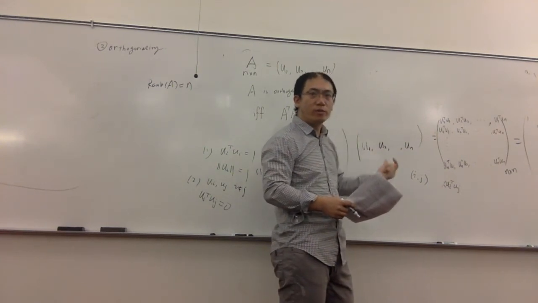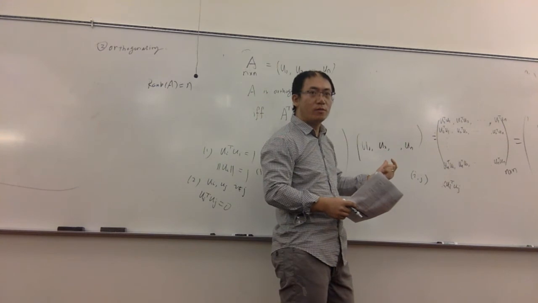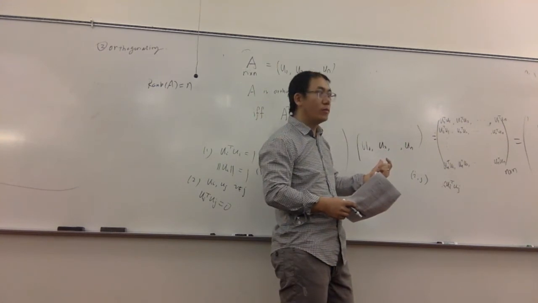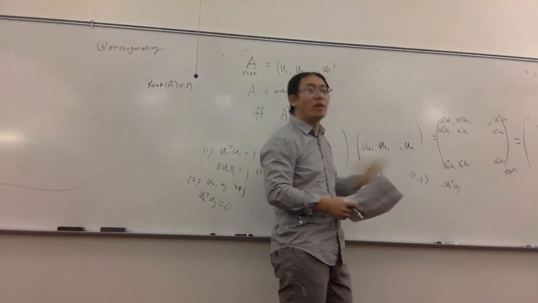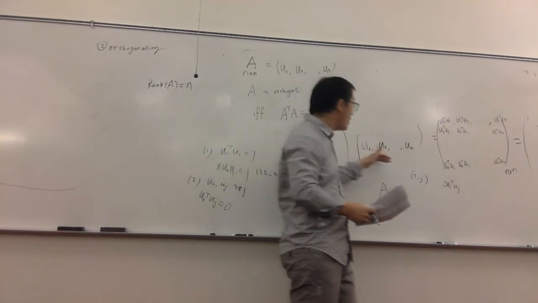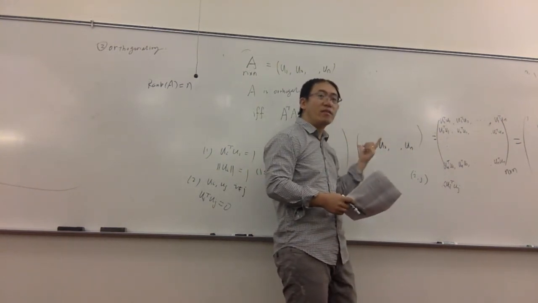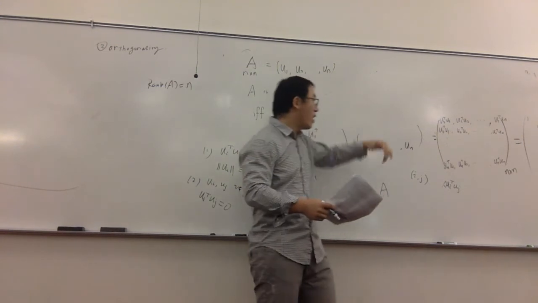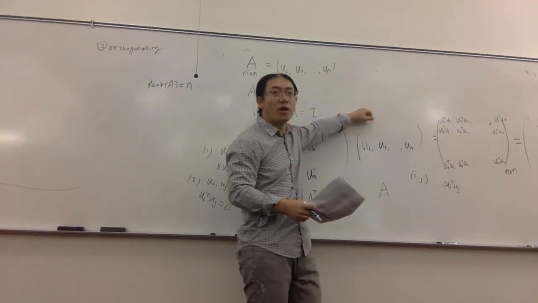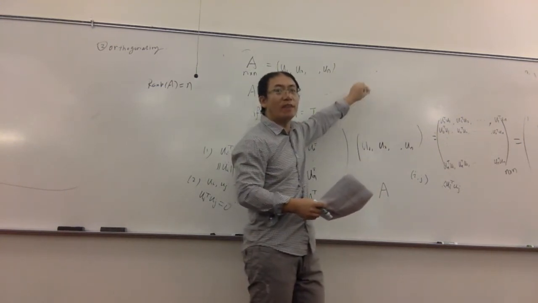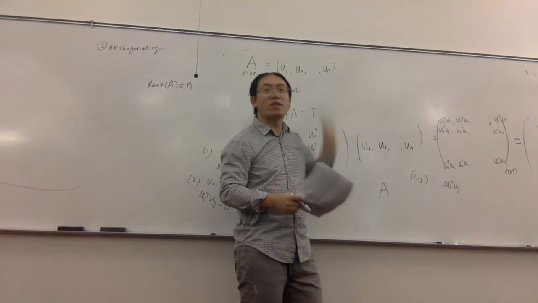What can we conclude? Yeah, they are linearly independent, right? And they also have the size n. It means they are expressive enough to represent any n-dimensional vector, as we just mentioned.